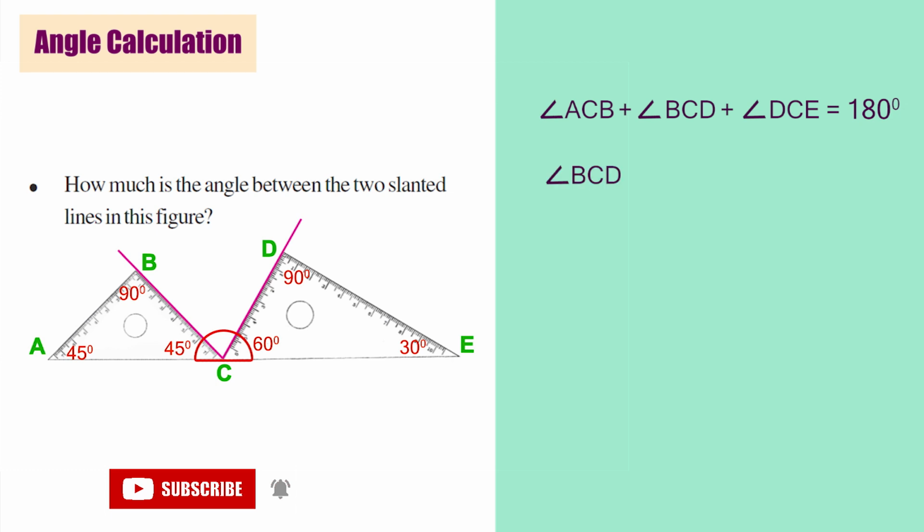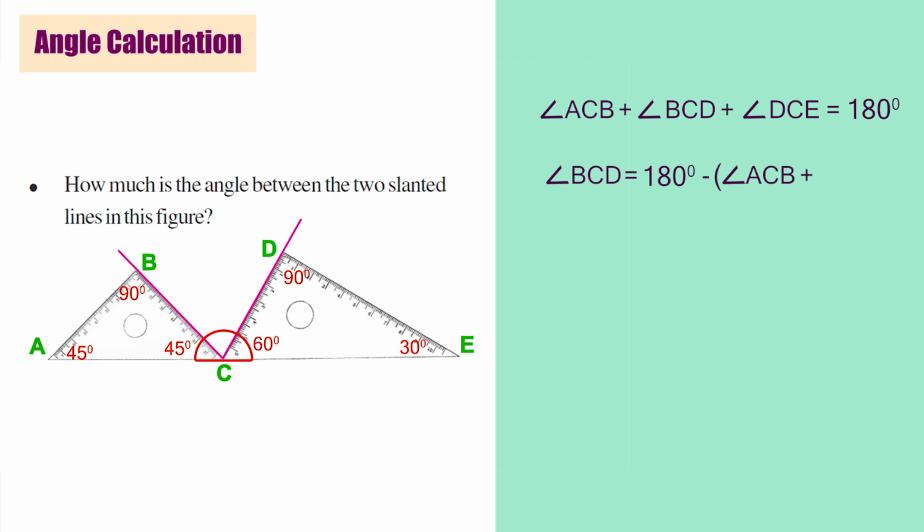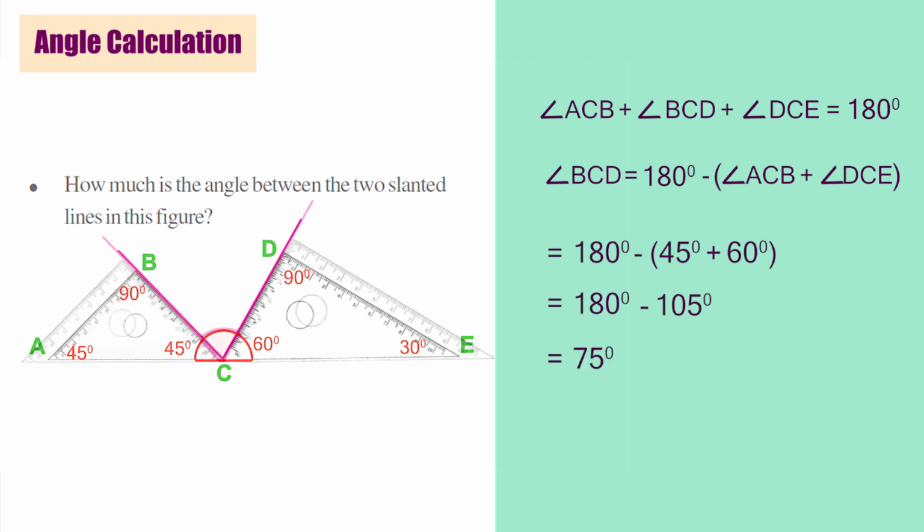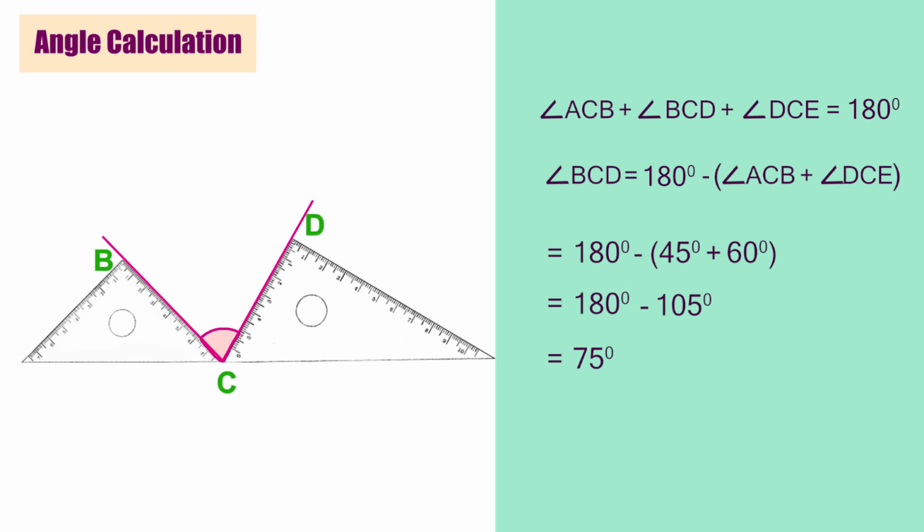That is, angle BCD is equal to 180 minus angle ACB plus angle DCE. That is 180 minus 45 plus 60. 180 minus 105 is equal to 75 degrees. The angle between the two slanted lines is 75 degrees.